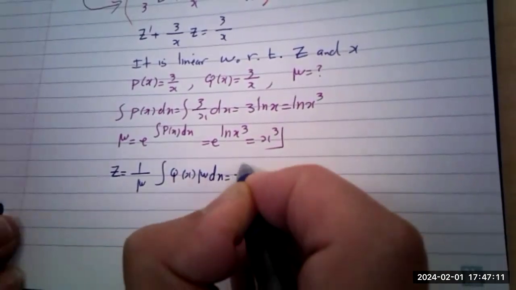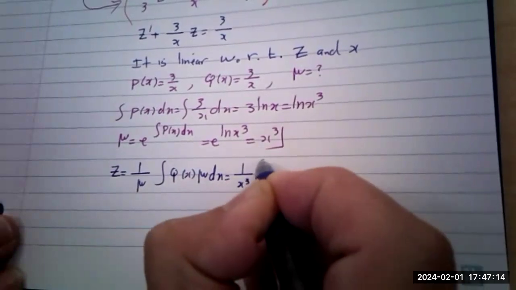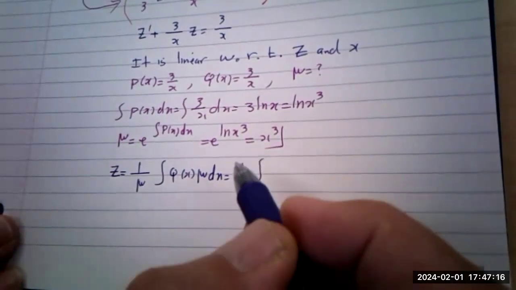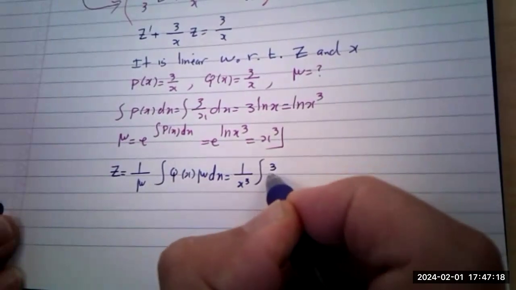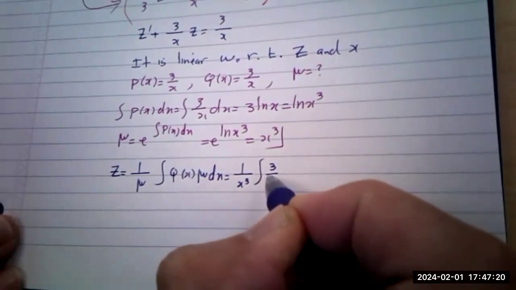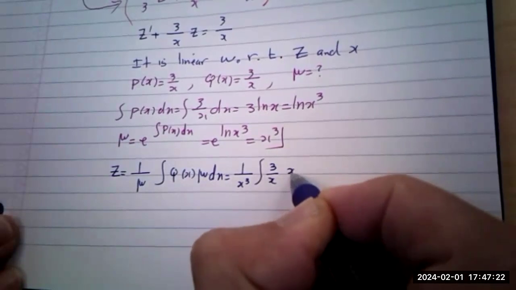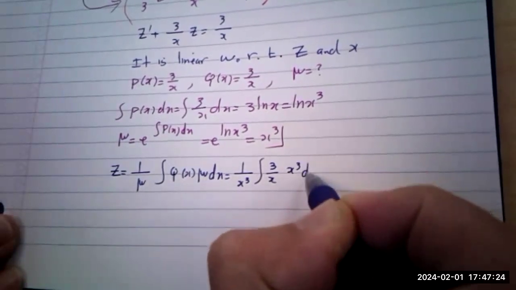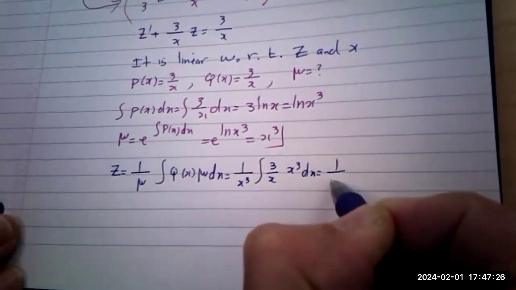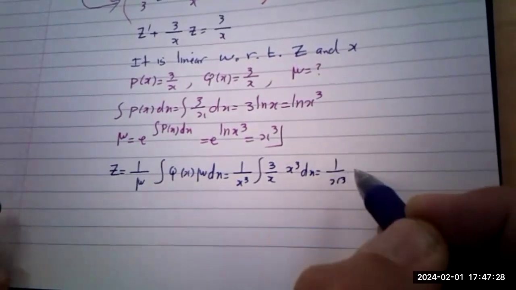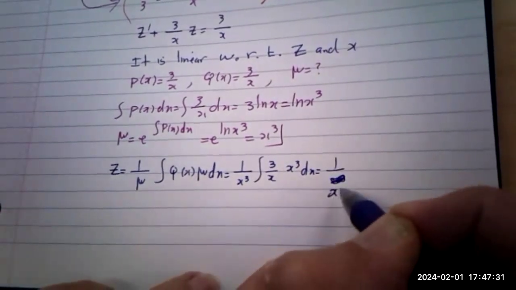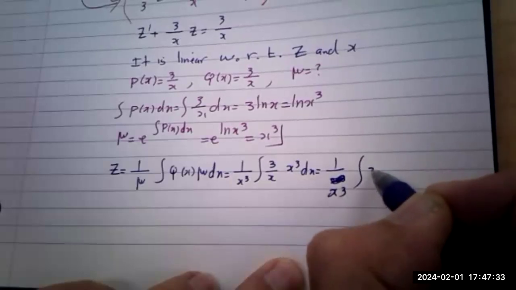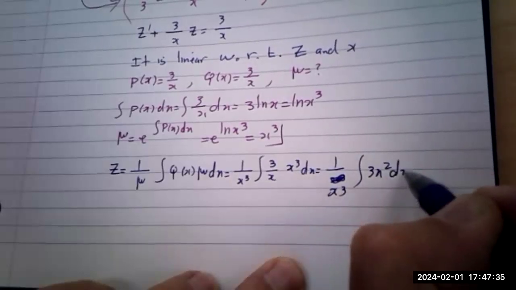So 1 over x cubed times the integral of q of x, 3 over x, times mu, which is x cubed, and then the dx. So it's going to be 1 over x cubed, simplify the inside. That gives you 3x squared dx.